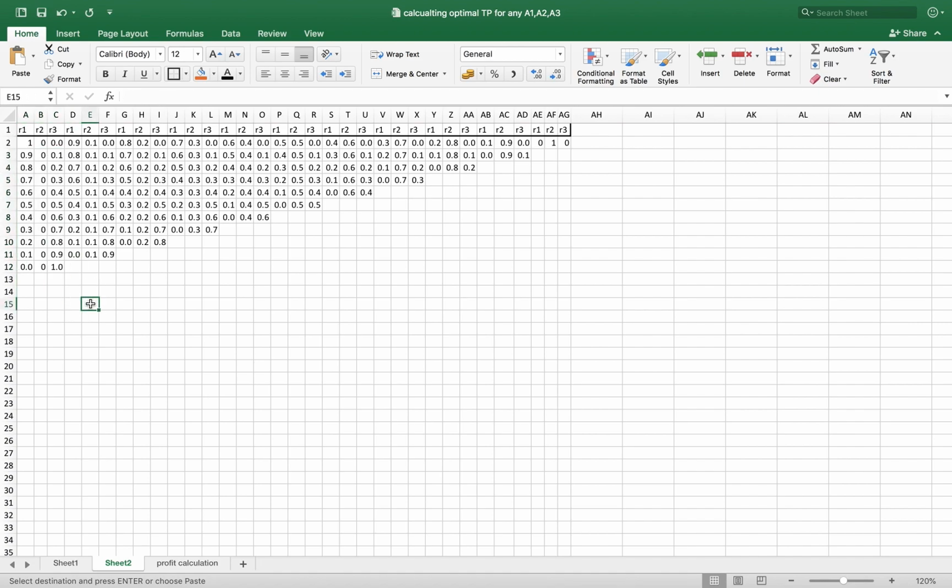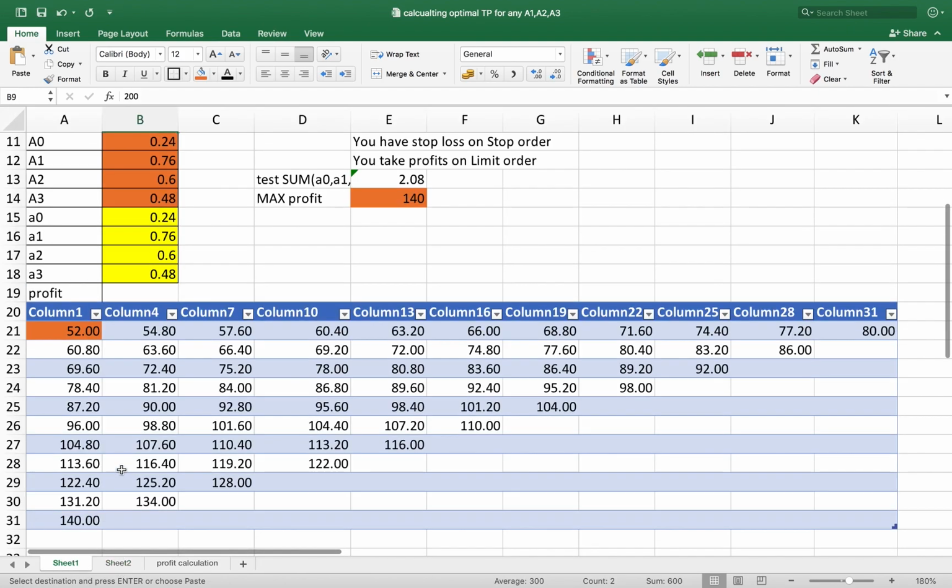So, for instance, you take half of the profit on the first take profit, then 25% on the second one, and on the third profit you take the rest. So this calculation calculates what ratio is the best to take for this particular strategy. Whatever the numbers are, it will calculate the best one.